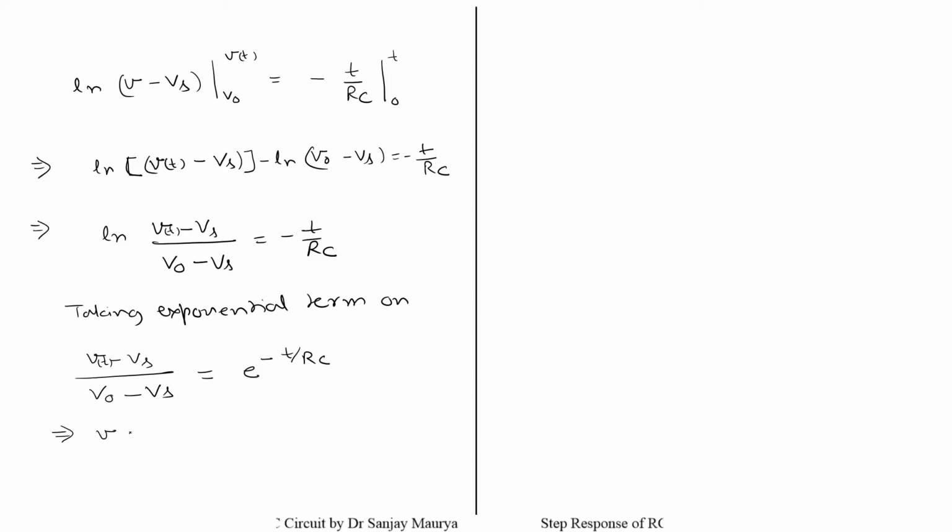V(t) is equal to Vs plus (V naught minus Vs) e to the power minus t by tau.